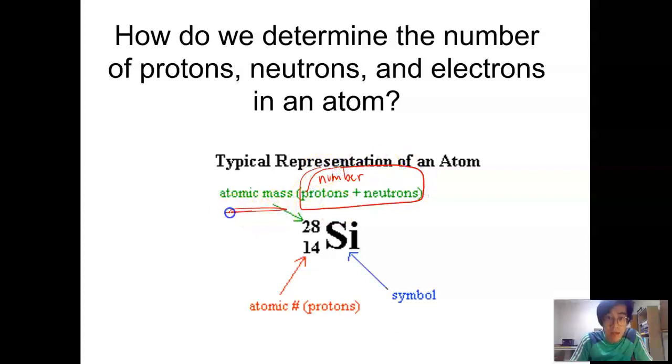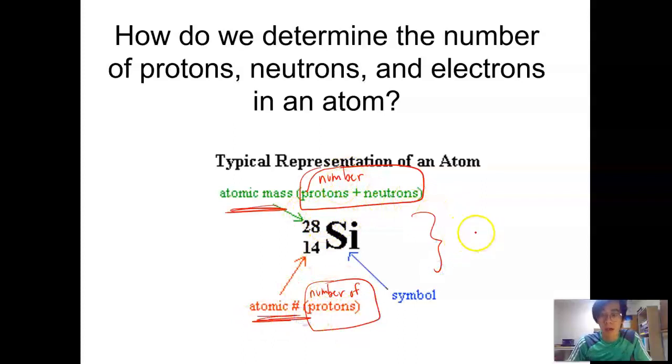And then the atomic number, on the other hand, tells me the number of only protons. This representation is called simple chemical notation.